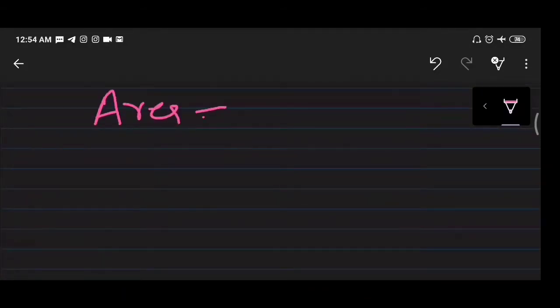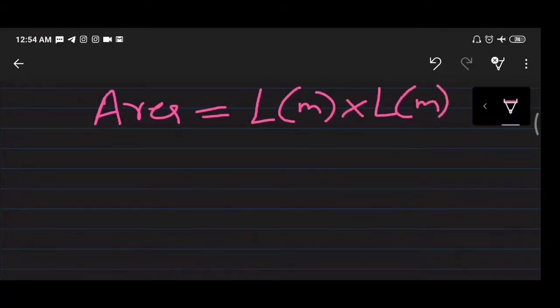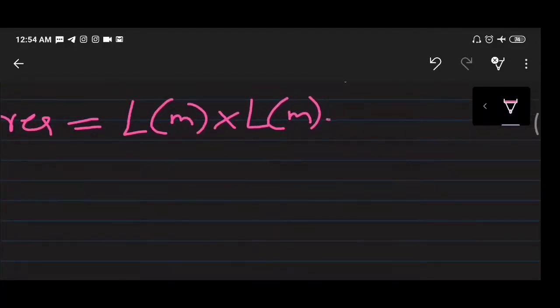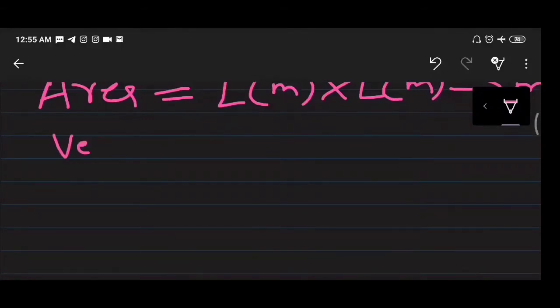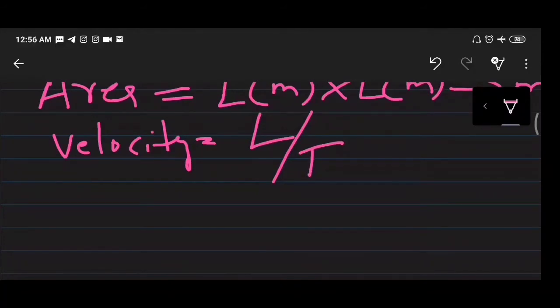Let's try to understand. Area equals, let's say, length into breadth, let's say L in meters into L in meters, which gives meter square. For velocity, we know that it is distance by time, so L by time.